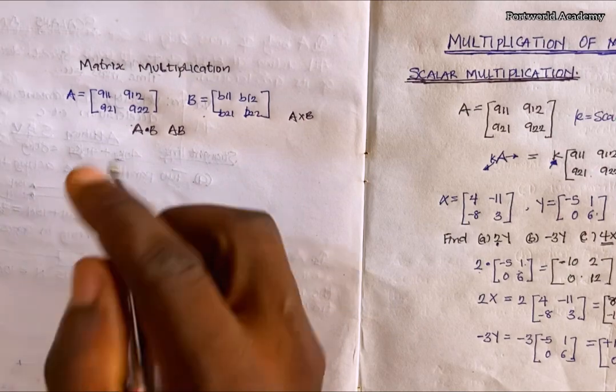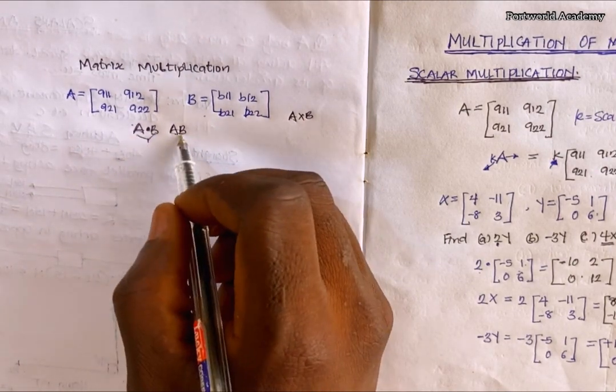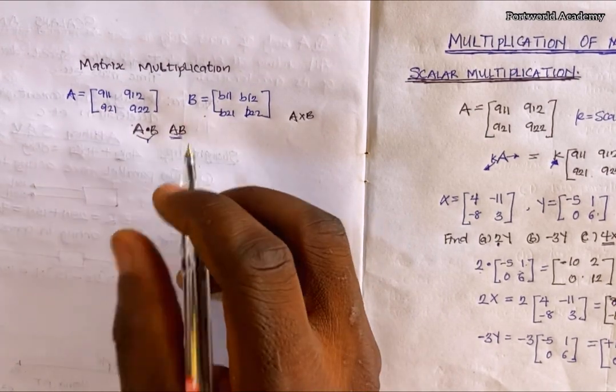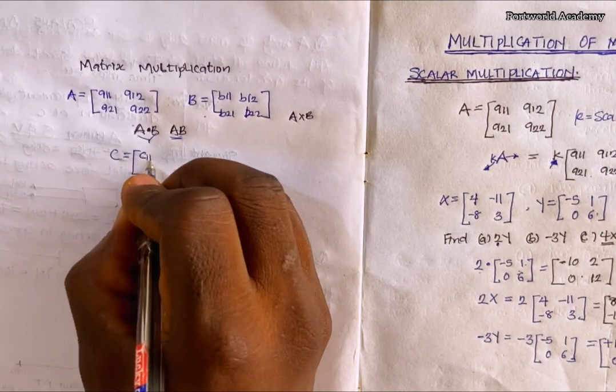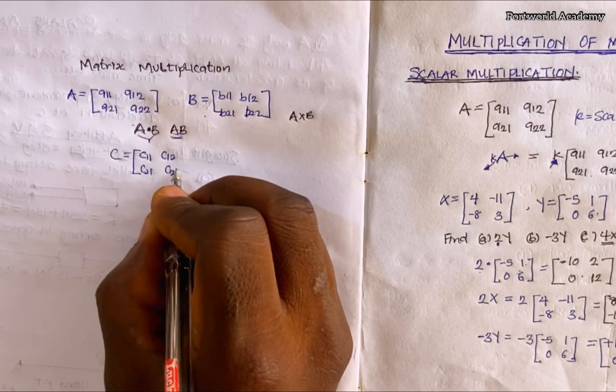But here we are dealing with matrix. So A.B represents the matrix multiplication, also written as AB. Now let's go multiplying these two together, we are going to have something we call C. And our C is going to be C11, C12, then C21, and C22.